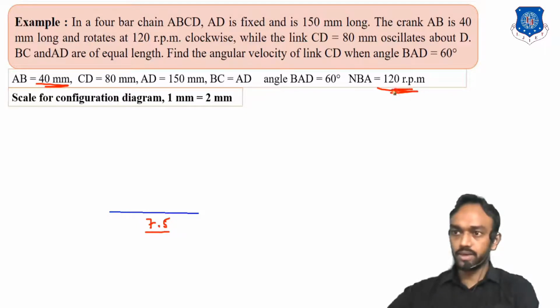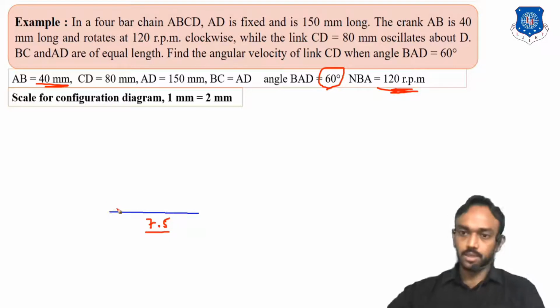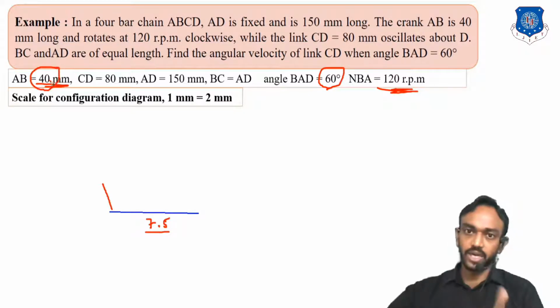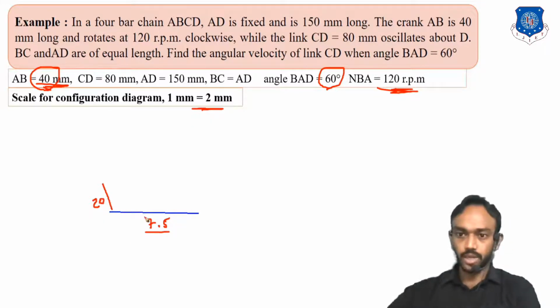The angle is given here as 120, and here as 60. So you will take the protractor and set the link length. The link length will be 20, because 40 is the original length and we have taken the scale 1 mm equal to 2 mm. So we will draw a line of 20 mm only.